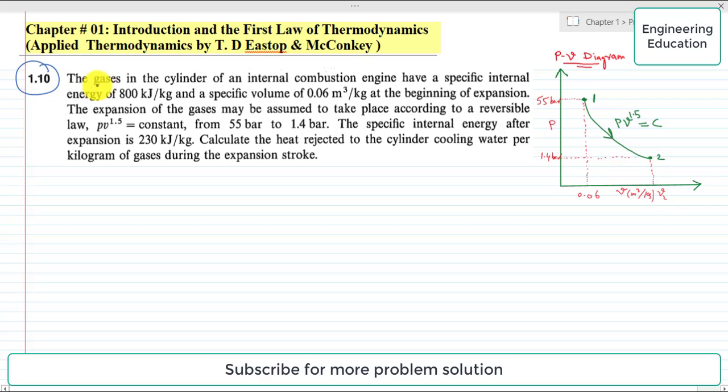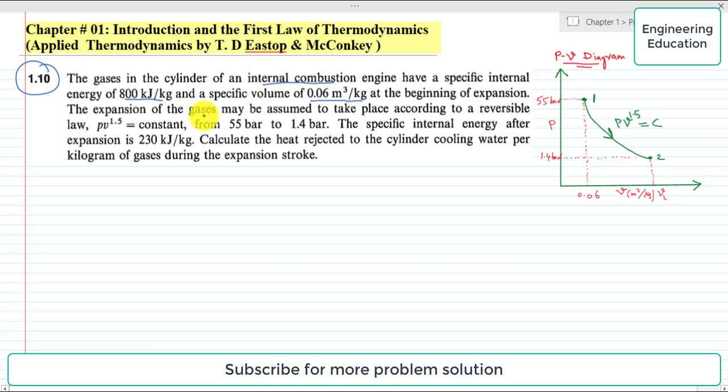Statement of the problem is: the gases in the cylinder of an internal combustion engine have a specific internal energy 800 kJ per kilogram and a specific volume of 0.06 cubic meter per kilogram at the beginning of expansion.